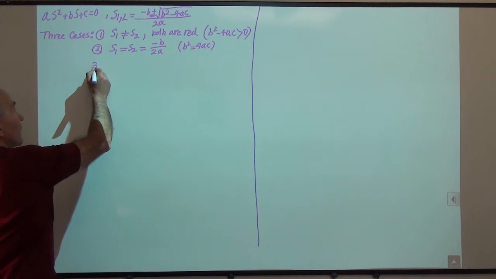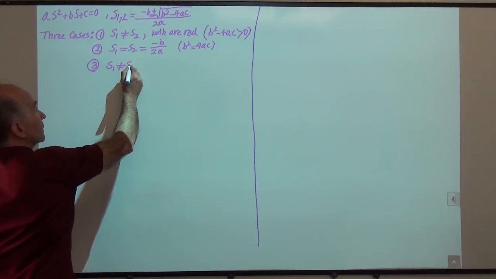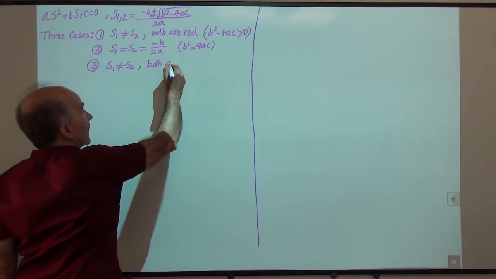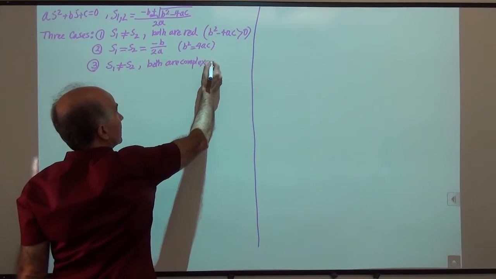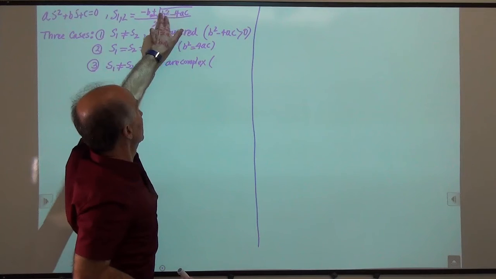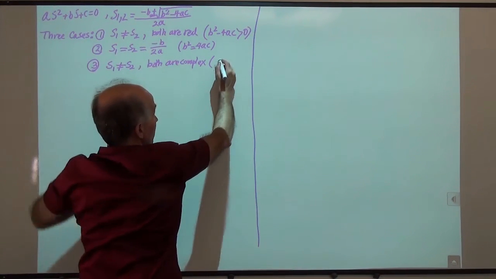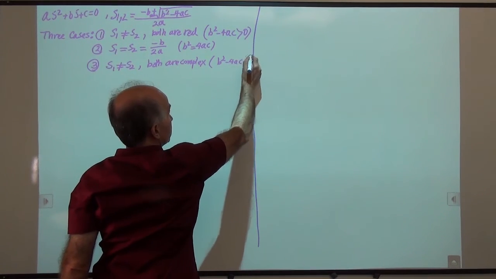And finally, the third case is s1 is not equal to s2, and both are complex. And what that means is that the term under the square root is negative. So b squared minus 4ac is negative.